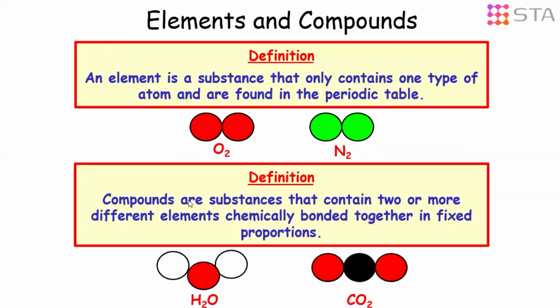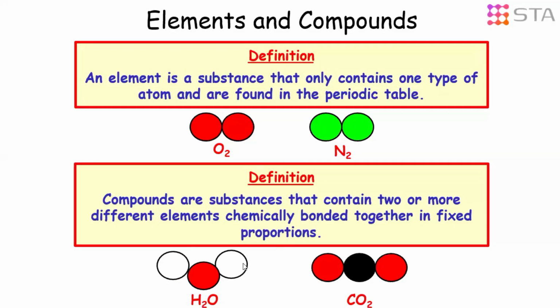Now, compounds are substances that contain two or more different elements chemically bonded together in fixed proportions. And again, if we look at the particle diagrams, we can see that water has different types of atoms bonded together. So does carbon dioxide. Now, I just want to emphasize this point here, together in fixed proportions.